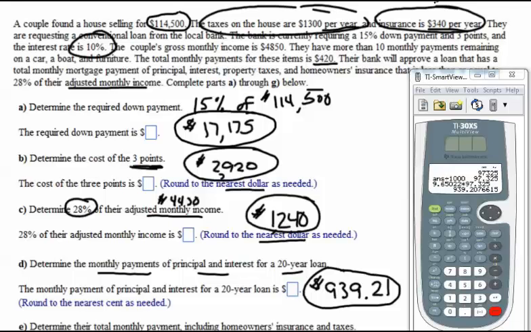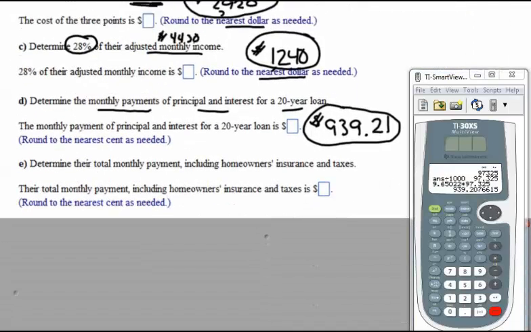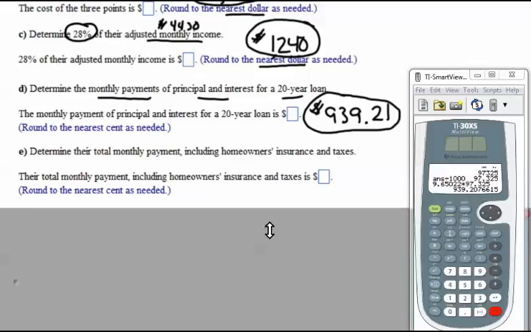So, for Part E, what we are going to have is $939.21 for principal and interest plus $1,300 divided by 12 for taxes plus $340 divided by 12 for insurance.